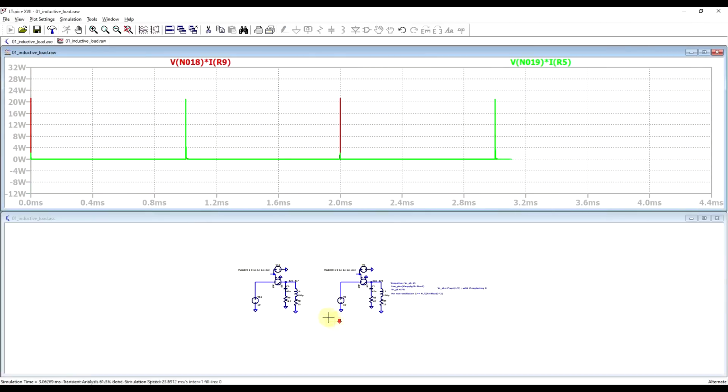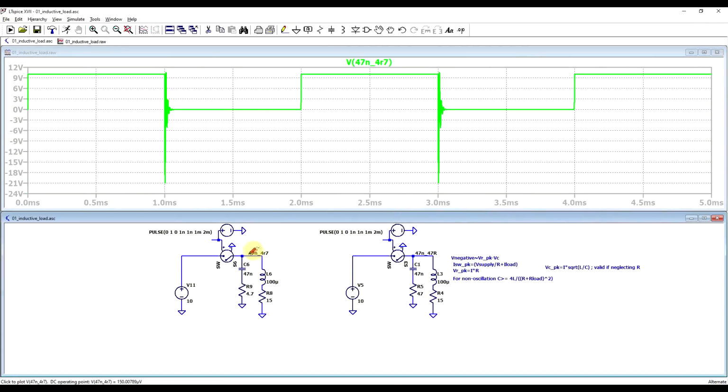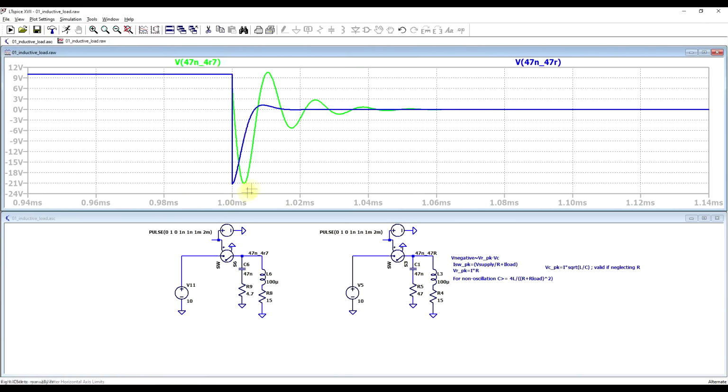So anyway, if we run these two circuits, one that has a 47 nanofarad capacitor and a 4.7 ohm resistor, and one that has a 47 nanofarad capacitor and a 47 ohm resistor, and we zoom into them, we can see that both of them are giving roughly the same negative voltage, 21 volts, but the circuit with the 4.7 ohm resistor ends up oscillating.